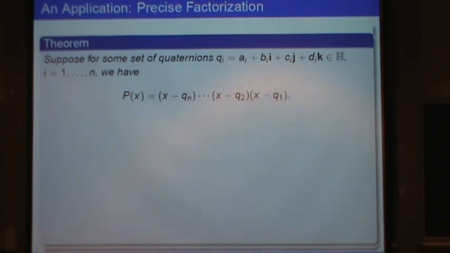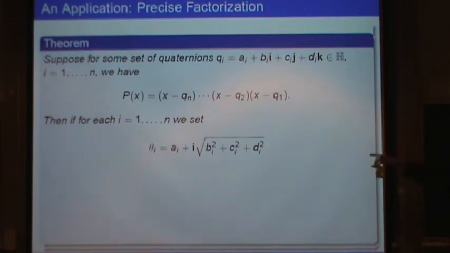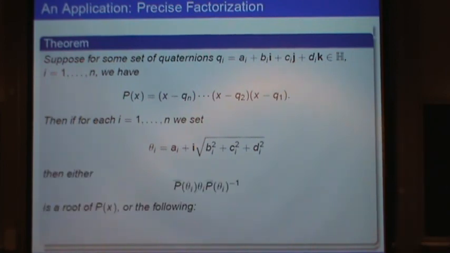And in fact, we can give a more precise version of that. If we have a set of quaternions qi, and p of x factors into that, then we simply look at the complex numbers theta i, the complex conjugates of the qi's, and either this is a root or this is a root of p of x.